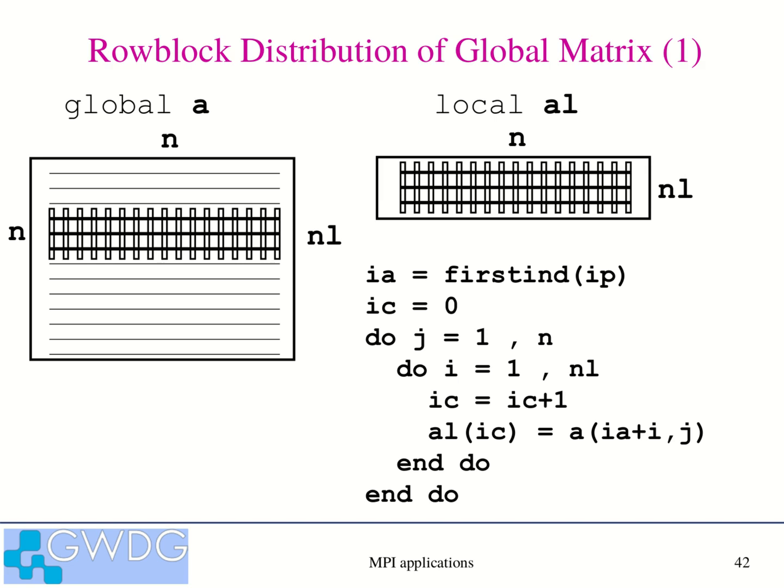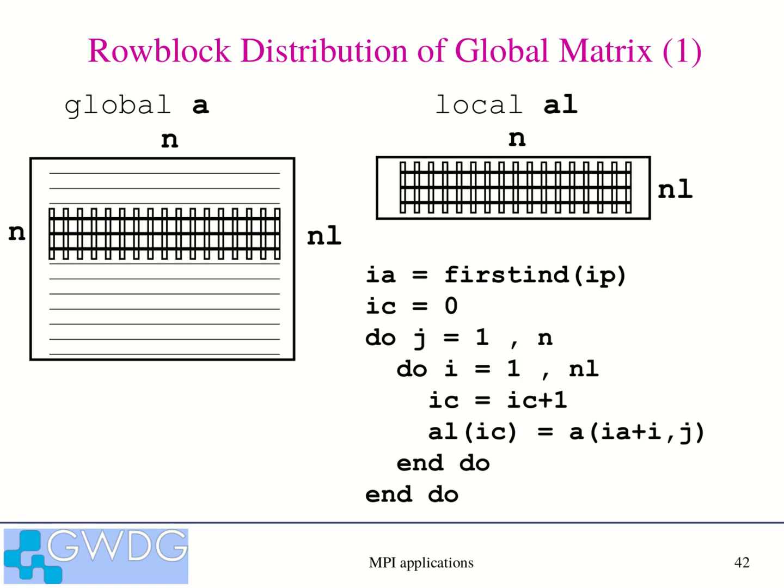The matrix elements you want to collect are: sum over i from 1 to nl, not to n, but only nl, the local number of rows, starting at some address, which is the first index for the process IP, and then sum over all columns from 1 to n, in this way that you run first with the column index and then with the row index. So this will collect these rows in a contiguous memory space in AL.